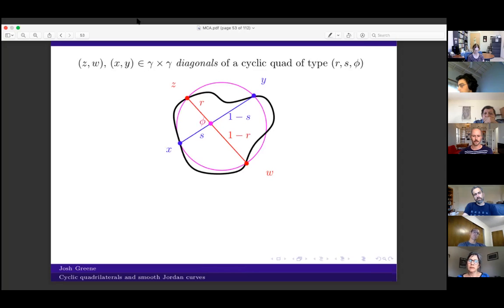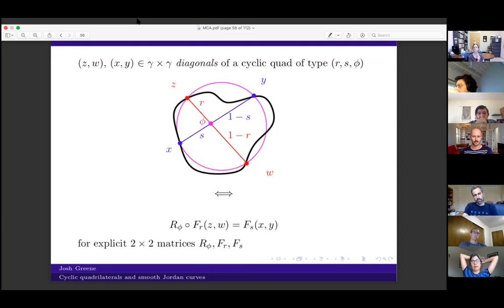So there's a picture of what we're looking for. You pick Z and W, you pick X and Y, and you ask, can they be the diagonals of a cyclic quadrilateral of this type? And it turns out that that happens exactly when a certain linear relation is obeyed. I didn't write them down because they're messy and it doesn't really matter. I have it in a supplemental slide at the end.